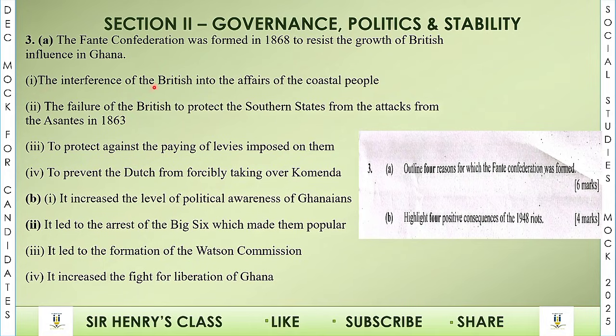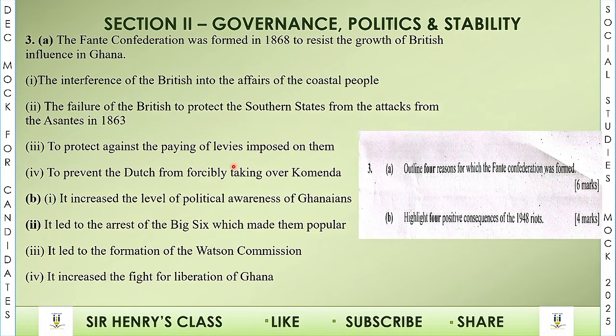So reasons why it was formed: 1, the interference of the British into the affairs of the coastal people. 2, the failure of the British to protect the southern states from the attacks of the Ashantis in 1863. To protect against the paying of levies imposed on them. There was a levy called the Poll Tax Ordinance of 1852, which they forced the people to pay.